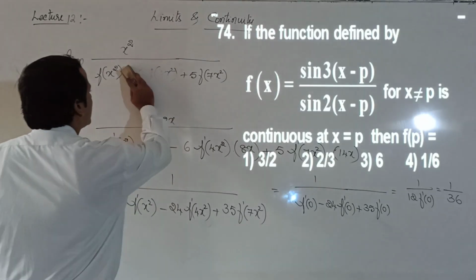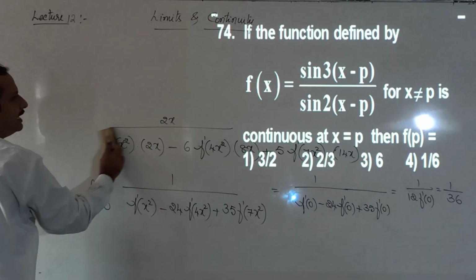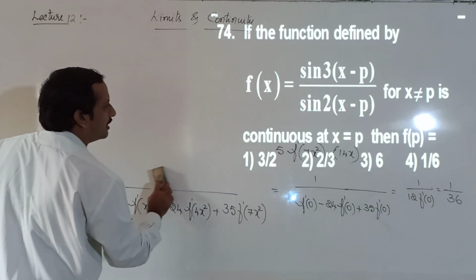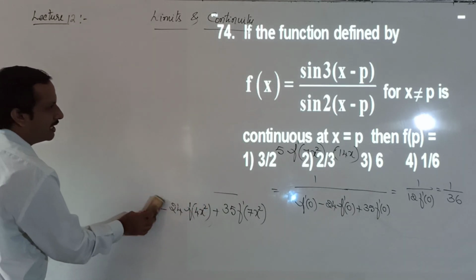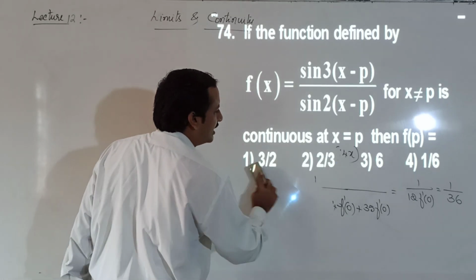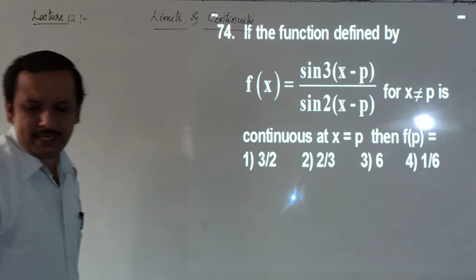74. If the function defined by f of x equal to sin 3 into x minus p divided by sin 2 into x minus p for x not equal to p is continuous at x equal to p, then f of p is.